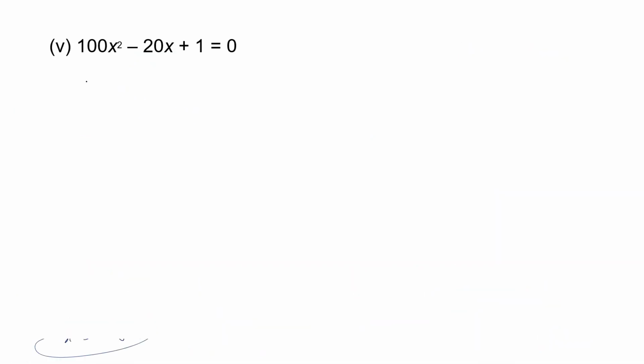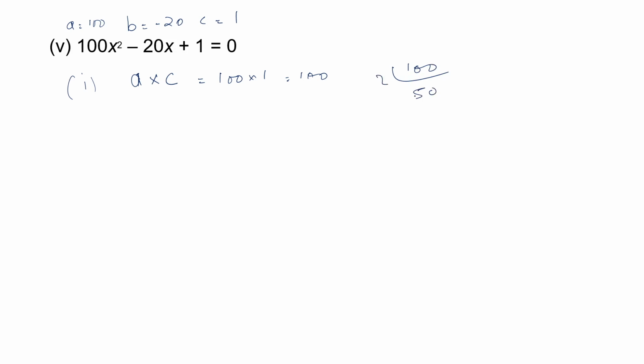This is as usual we have to do. See here, first multiply a and c. So a is 100. You can write this in order to not make mistakes. a and c you have to multiply. So 100 into 100. So I'll factorize 100. I have to split it into 2 factors such that on adding I should get -20.